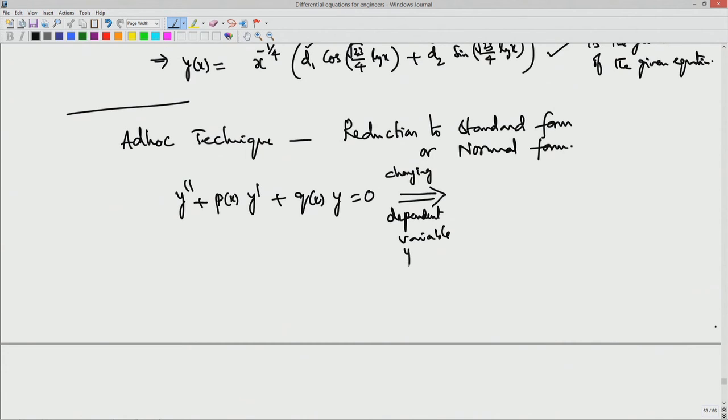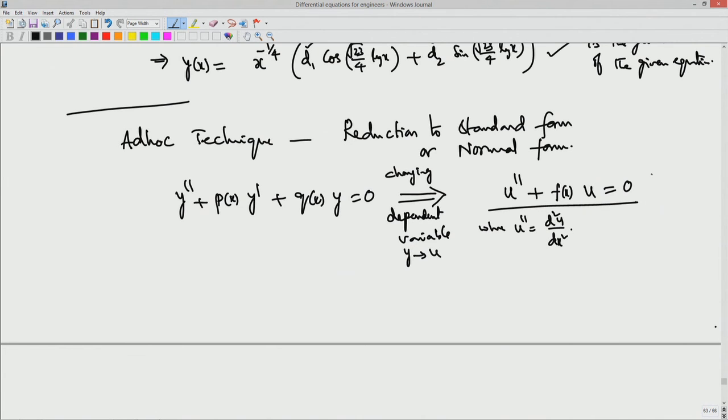So, changing y to u, some u, let us say. Then you get an equation u double dash plus some f x, let us call this something else, into u equal to 0. Here u double dash is d square u by dx square. So, this is the form you want.